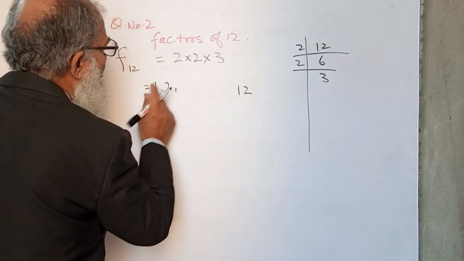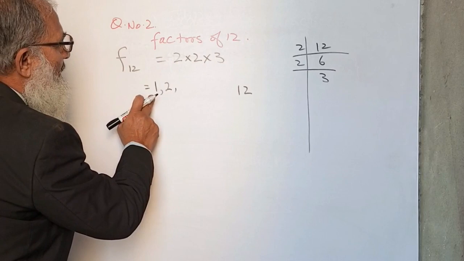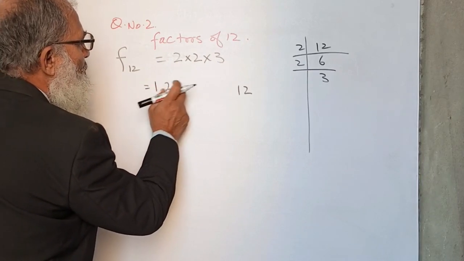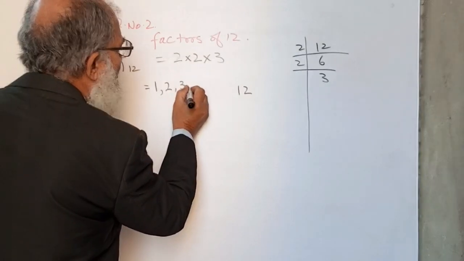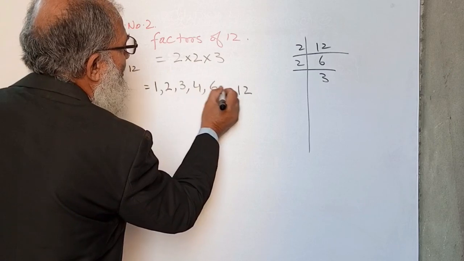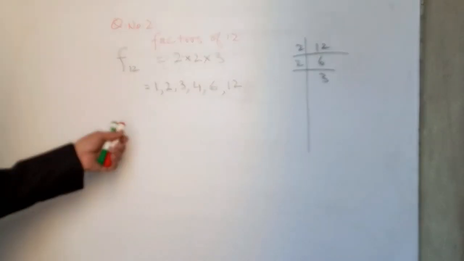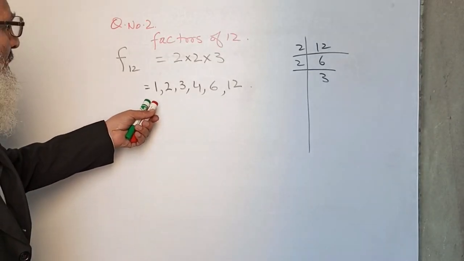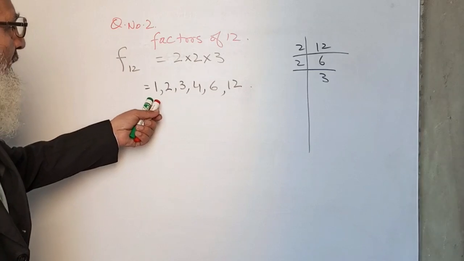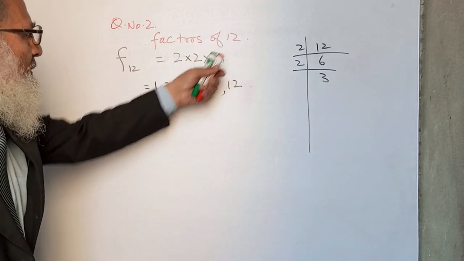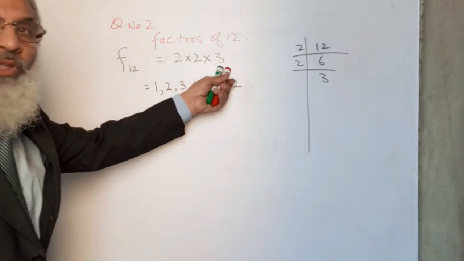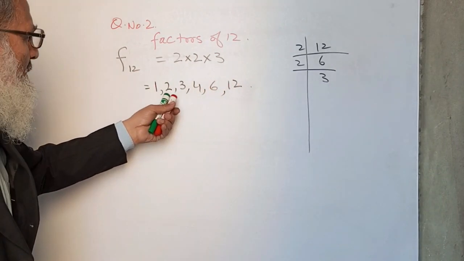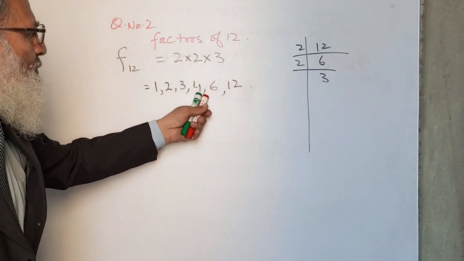So the factors are 1, 2, 3, 4, 6 and 12. So these are the total factors which we can write for 12.